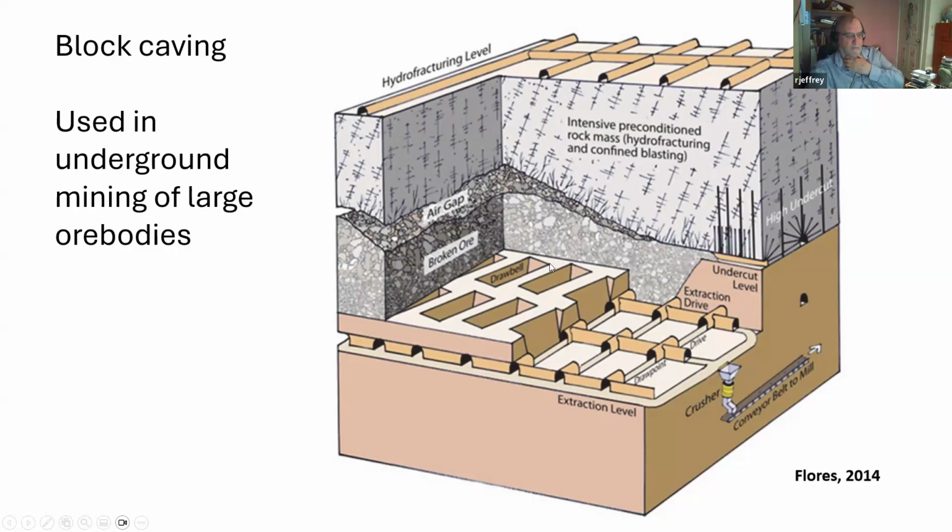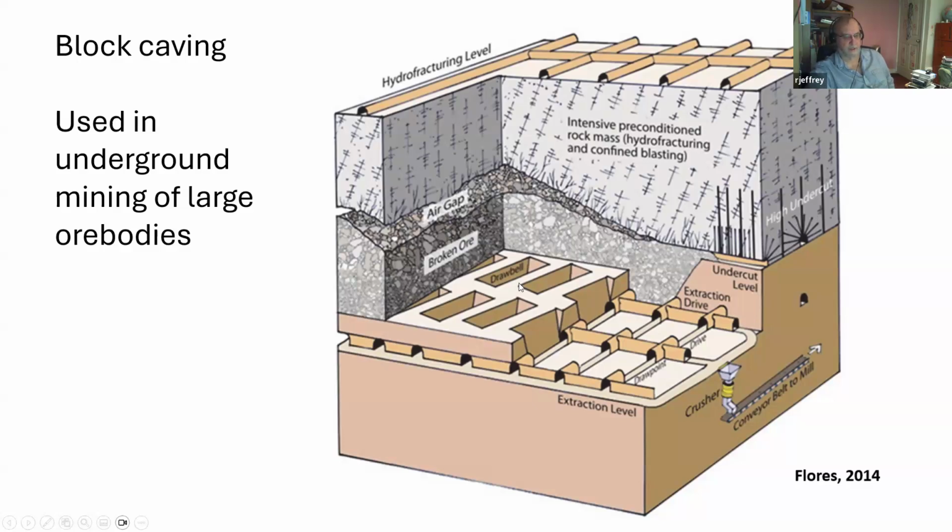Historically, block caving mines have been used to mine ore that was weak enough so that if you developed an undercut level, which is just on top of this draw point system, you can undercut the ore body by driving tunnels and then blasting the first 20 meters or so of the ore body to rubbleize it.